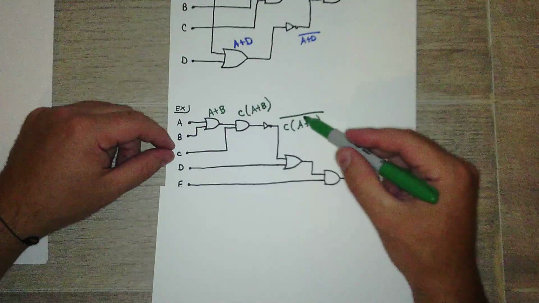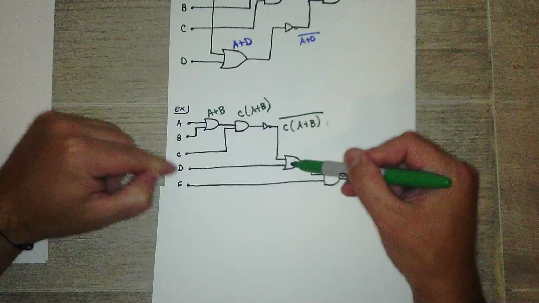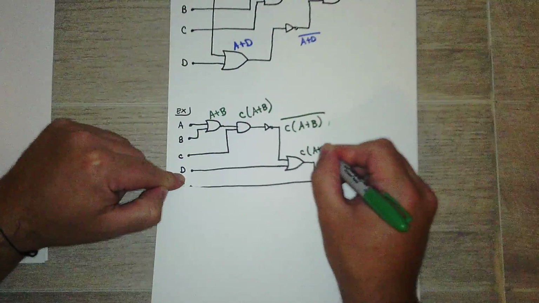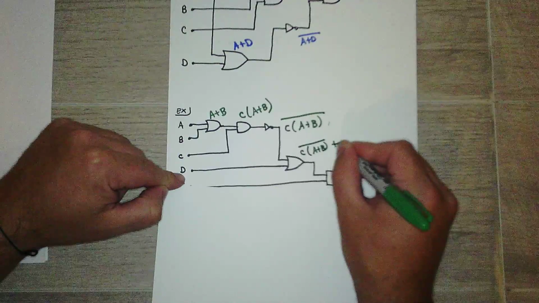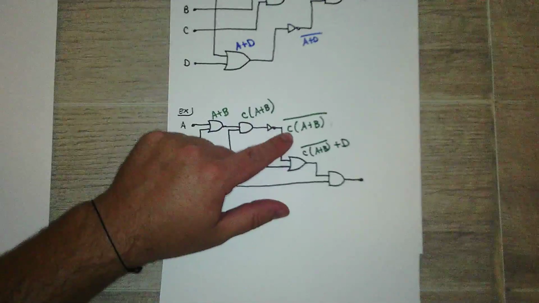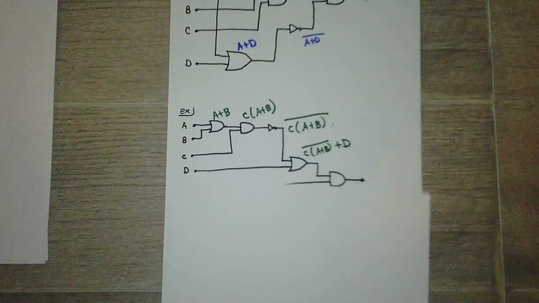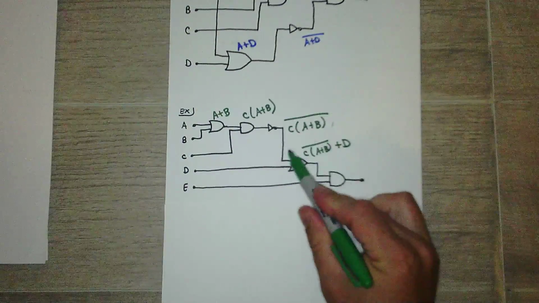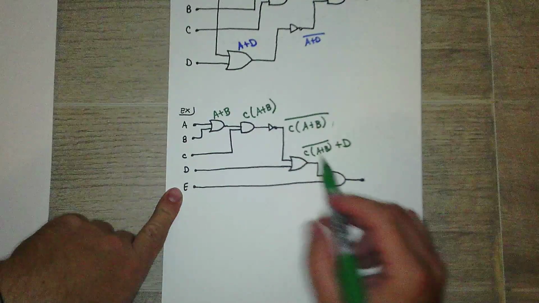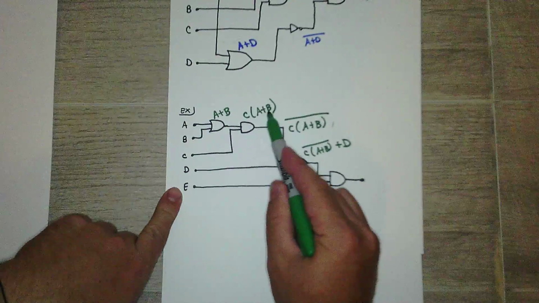Okay. Now this is one input for this, so we have this whole thing or D. So it's not C and A or B, or D. And then this entire thing here runs through an AND gate with E. So just like how we had this and C run through an AND gate, we put C times this parentheses.